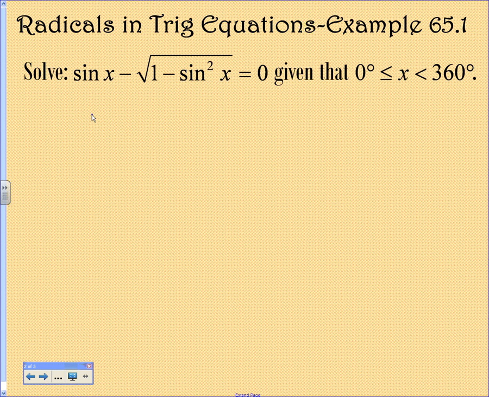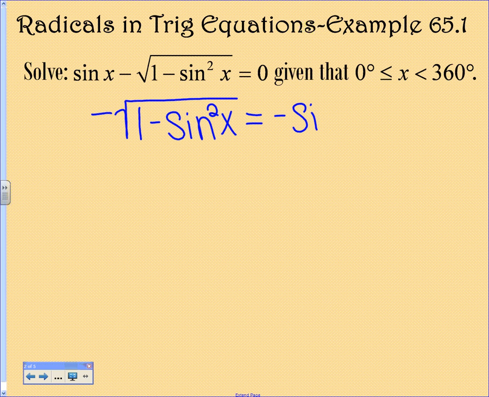Okay, I would have negative square root of 1 minus sine squared x equals negative sine x. Okay, get rid of the negatives. Then what? Square both sides.